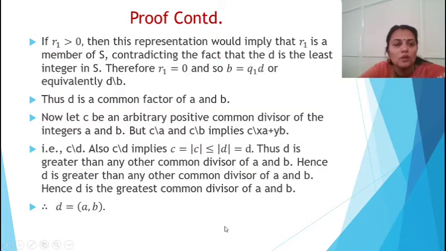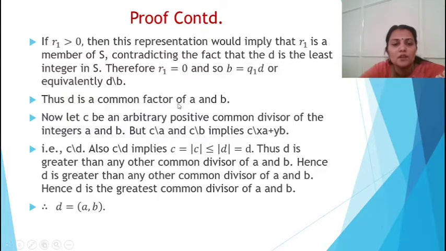Now if r1 is greater than 0, then this representation would imply that r1 is a member of S, contradicting the fact that d is the least integer in S. Therefore r1 equals 0, so b equals q1d, or equivalently d divides b.